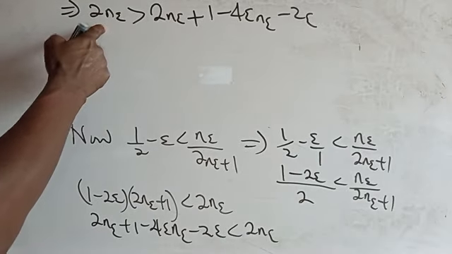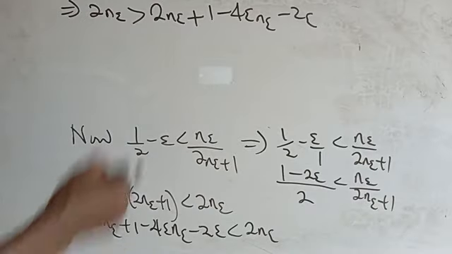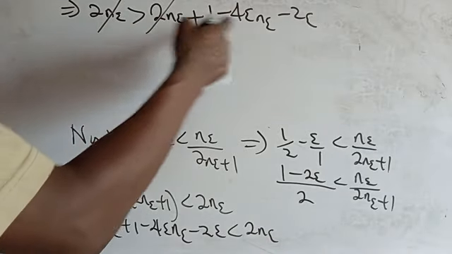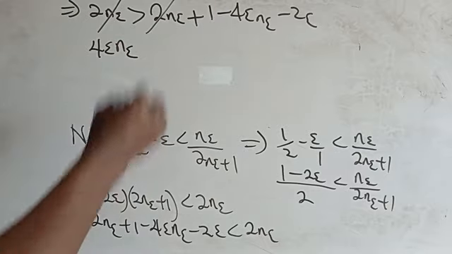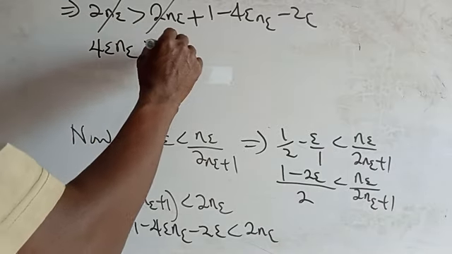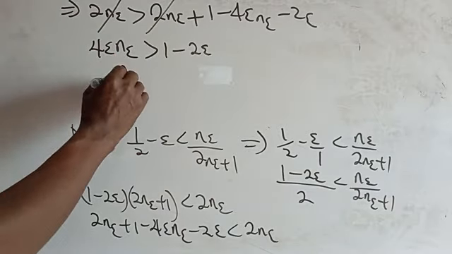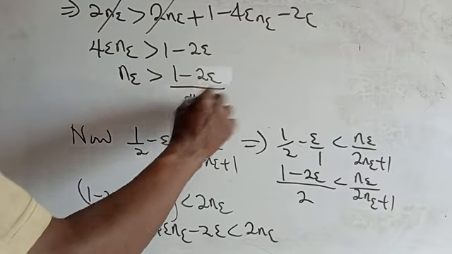So the 2n epsilon terms cancel out, and we can bring this one here and have 4 epsilon n epsilon greater than 1 minus 2 epsilon. So how do we now get n epsilon? n epsilon is greater than 1 minus 2 epsilon over 4 epsilon.